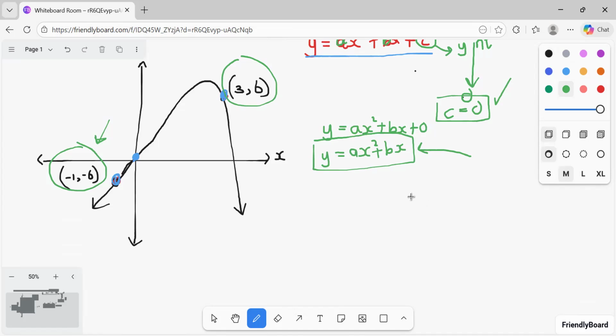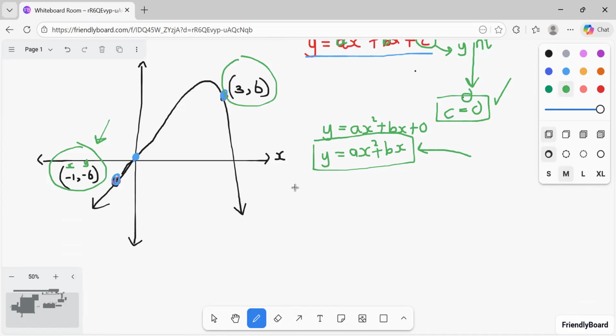In this point, minus 1 is x, and minus 6 is y. So where there is x, I'm going to put minus 1, and where there is y, I'm going to put minus 6.